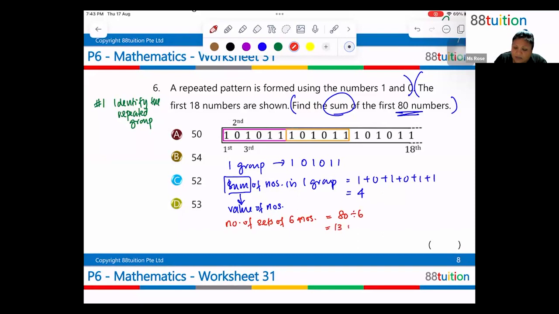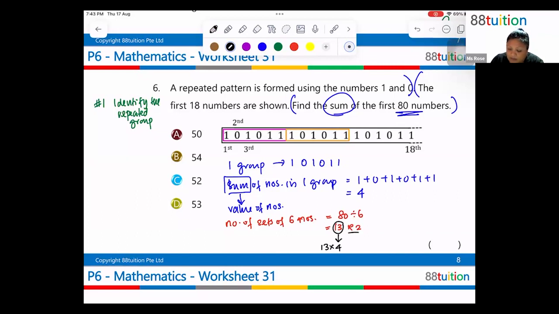Yes, thank you. 13 remainder 2. So there are 13 sets, of which the sum is 4.